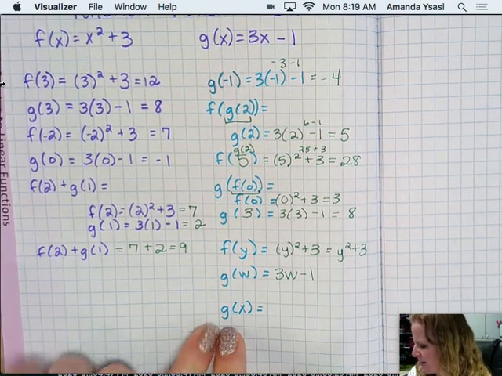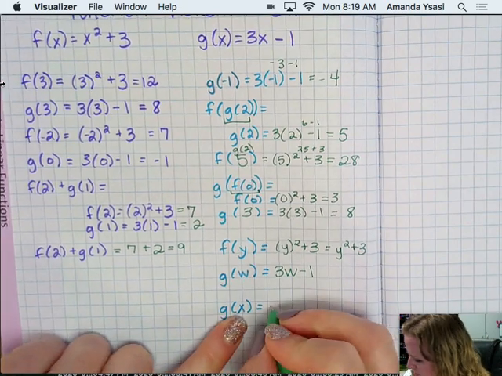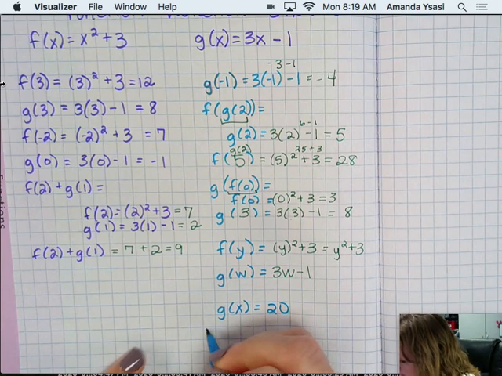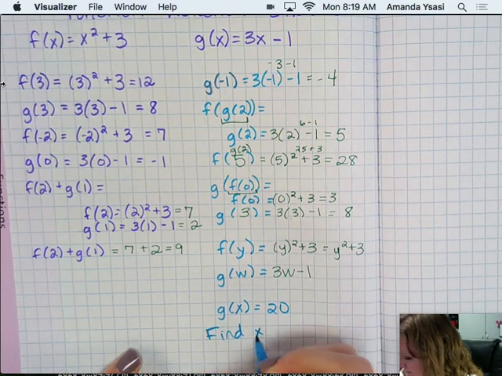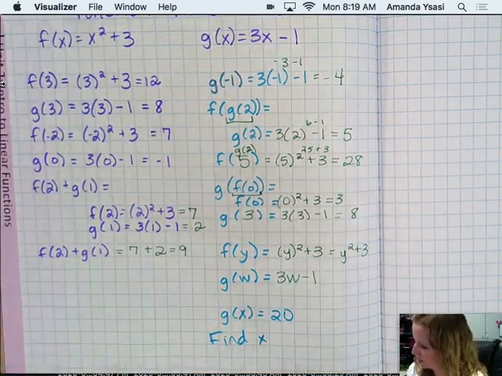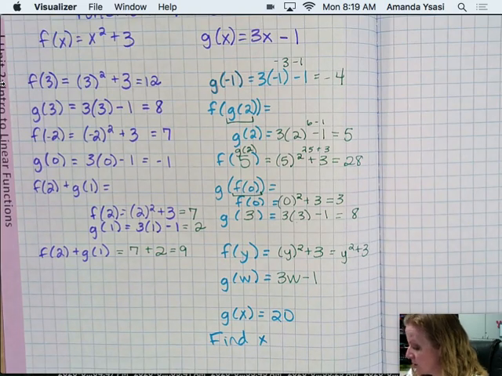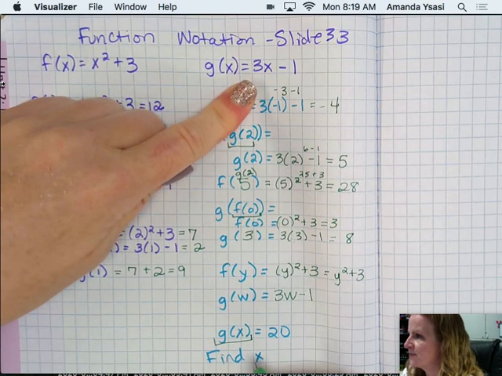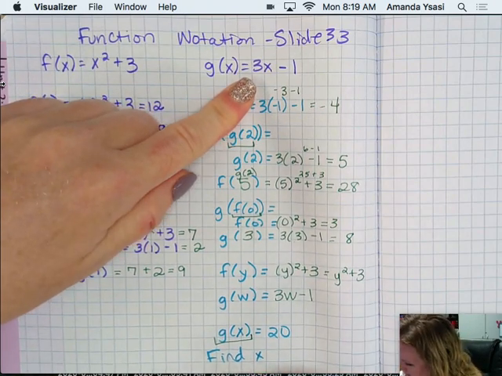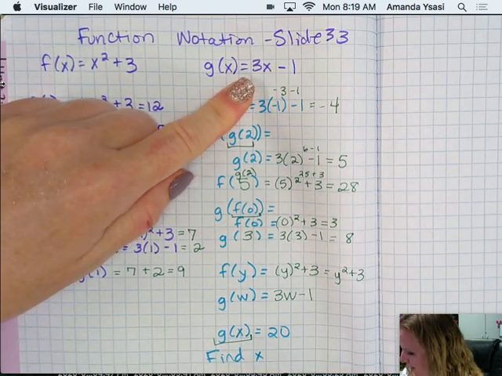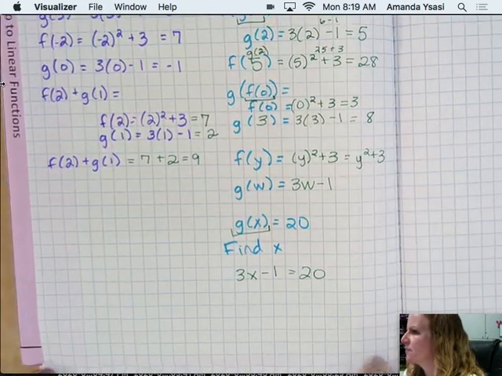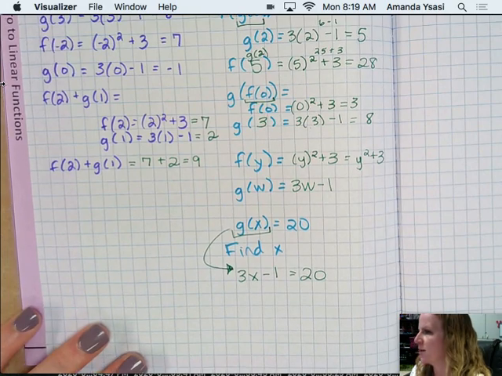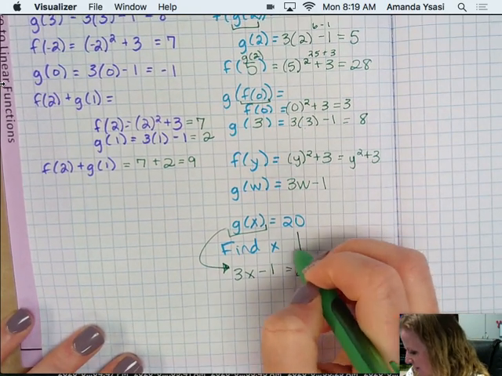Okay. And then the last one, what's that say? g of x equals, is that 20? Was the original problem? Yeah. So this means we are going to find x. So what you would do is you'd say, okay, g of x, I'm going to replace that with my function. 3x minus 1 equals 20, because g of x is 3x minus 1, and it's supposed to equal 20.